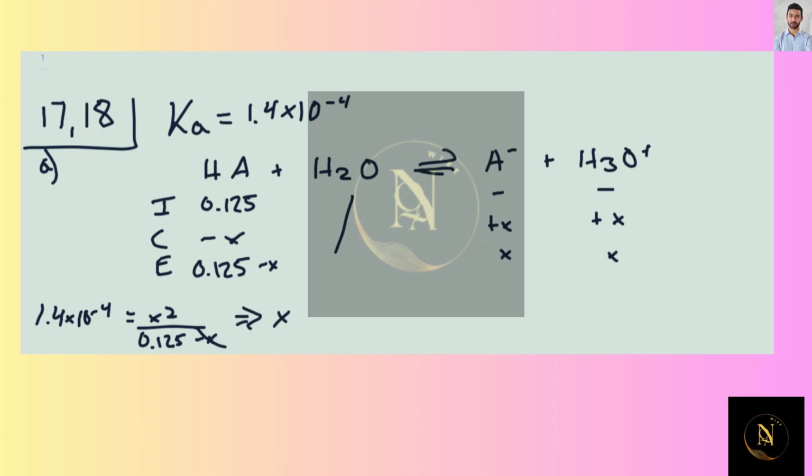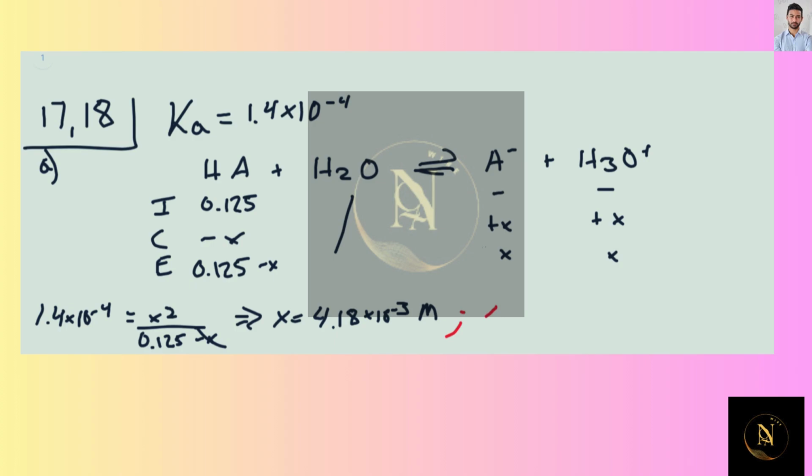And we get x is equal to 4.18 times 10 to the minus 3. And that's the concentration of hydronium or conjugate base in the solution.